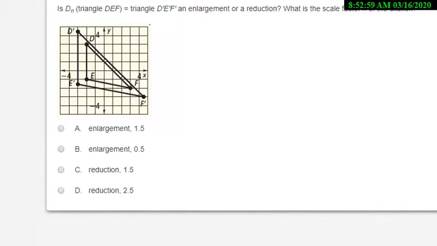So the best choice is A, because 1.5 is more than 1, matching the given case, which is enlargement. Enlargement means greater than 1, and if you go through the figure, it will be correct. So the best choice here is A, enlargement, 1.5. We need to go to the next question.